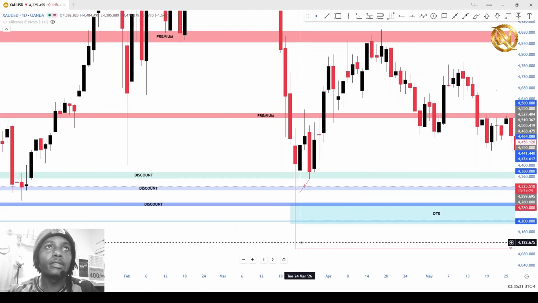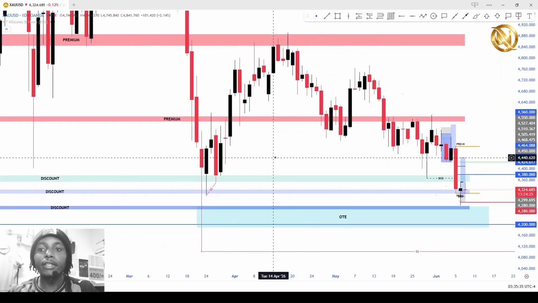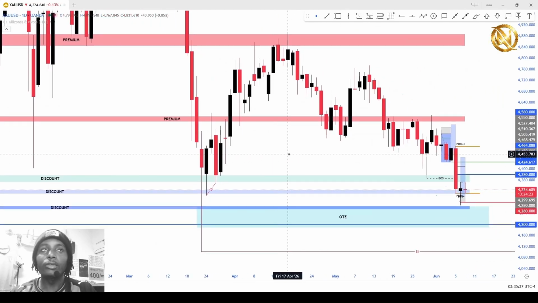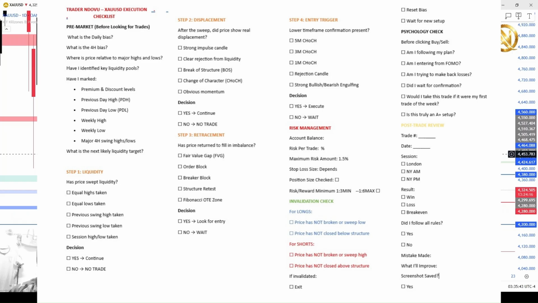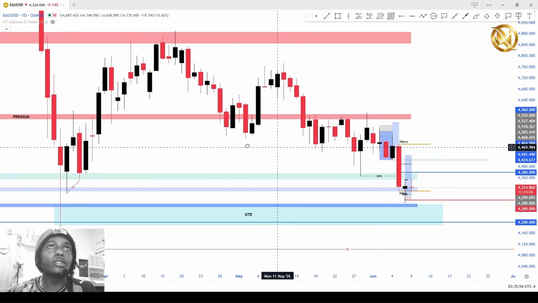After we swept those liquidities, we had displacement. Later I'm going to take you through my checklist. I have it written down as you can see here. I'm going to do a breakdown video of what makes me take a trade, what makes me wait, and what makes me not enter any particular trade.